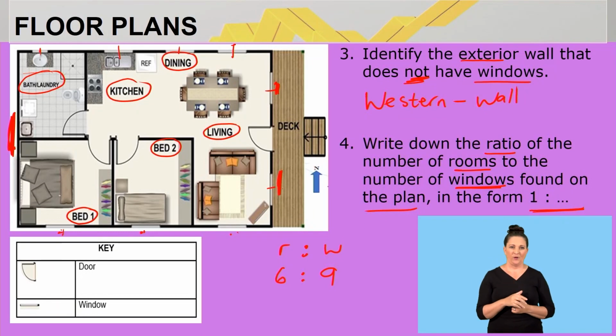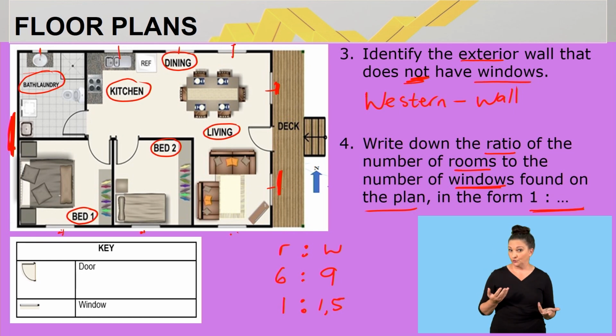I'll say 9/6, so that will give me 1:1,5. Guys, I hope that's clear to you. I counted the amount of rooms. I've counted the amount of windows. I wrote them in the ratio as is asked of me in that specific order. And then thereafter, I simplified it by writing it as a unit ratio.